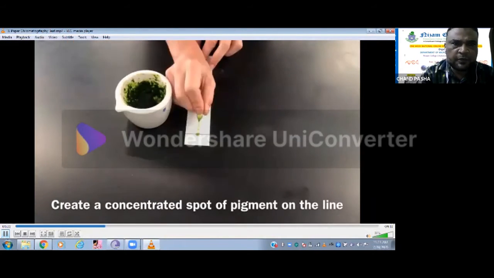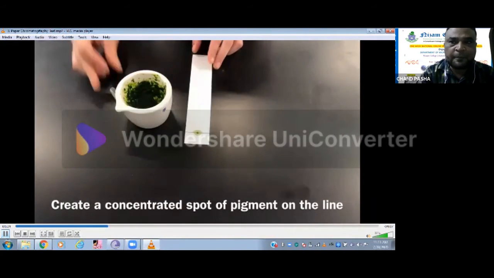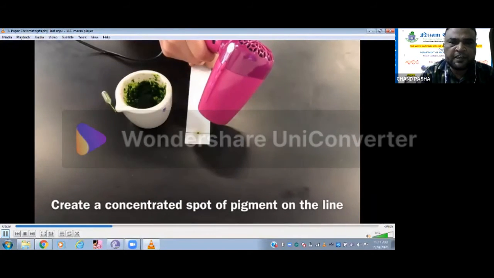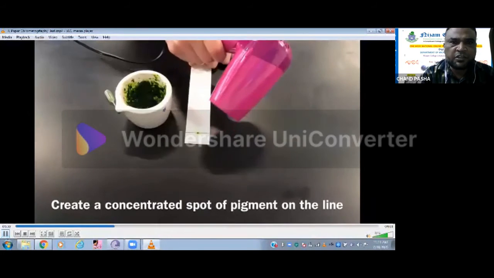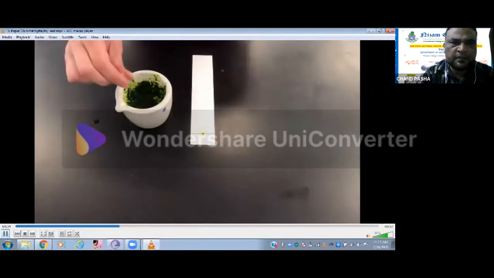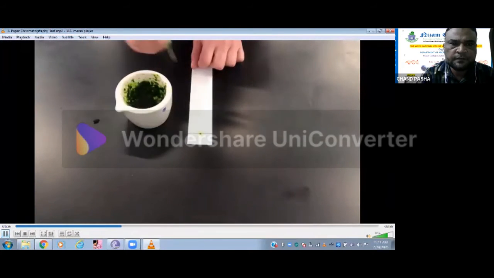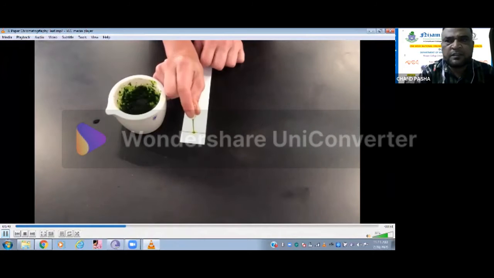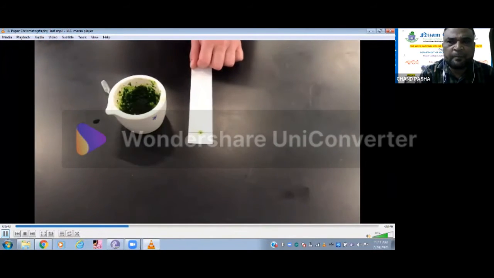Here we are doing it with a needle, but capillary dispensers are available. If you want to increase the sample, you can dry it with a hair dryer and load some more sample. But while separating amino acids, a huge amount of sample may not be required.